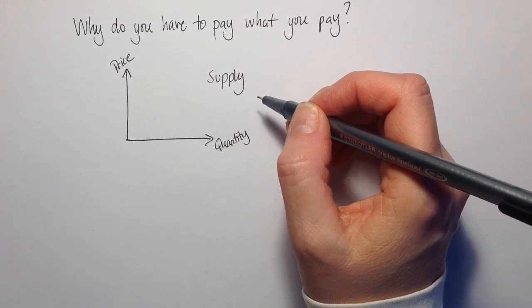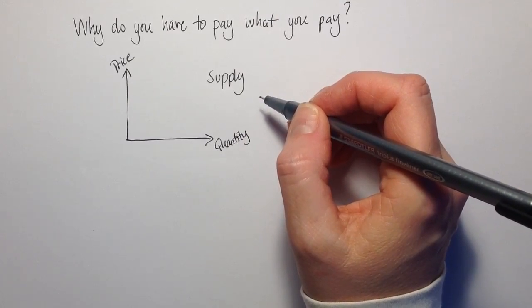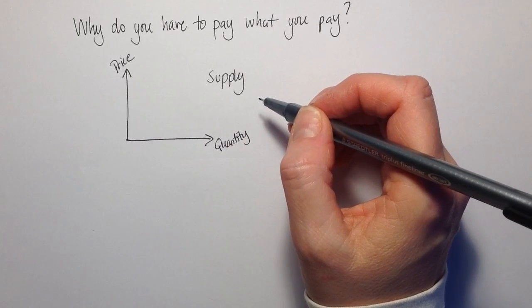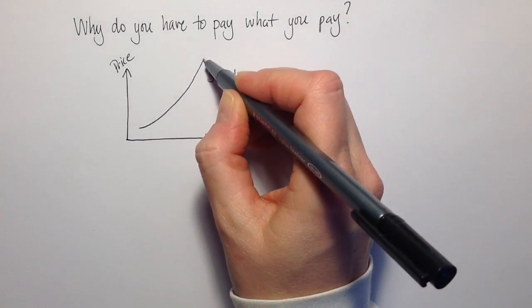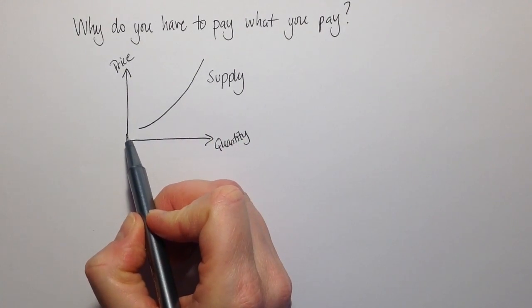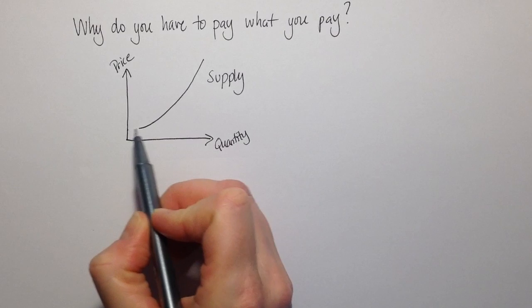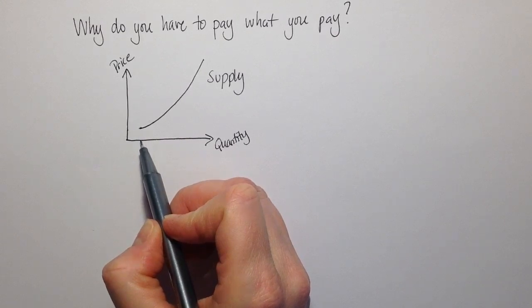How many strawberries are there on the market at any given time, or at any given price, even better? Well, the supply graph looks like this. That is because if the price is very low, like it is here, then there are not that many strawberries on the market. You see, the quantity is also low.